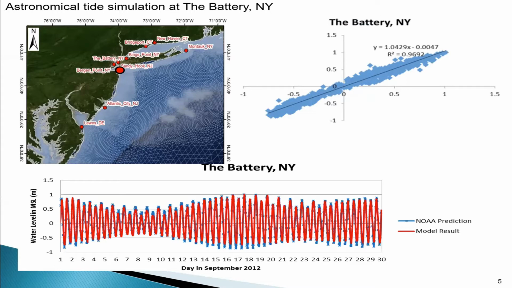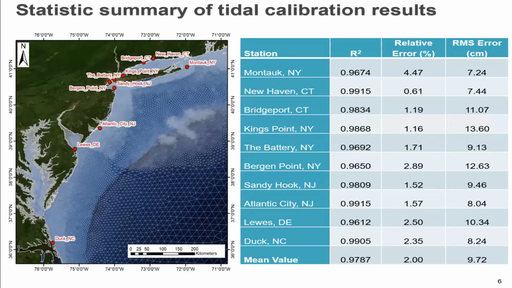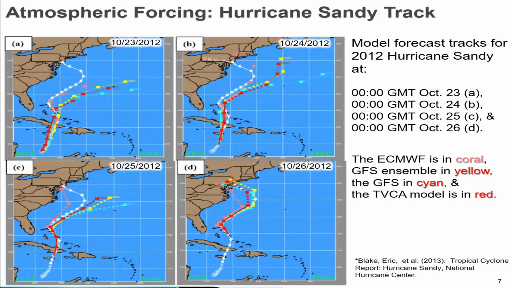Example of the Battery in New York, the R square is 0.96, and the statistics of all the tidal calibration in the stations is listed here. It is quite proper.